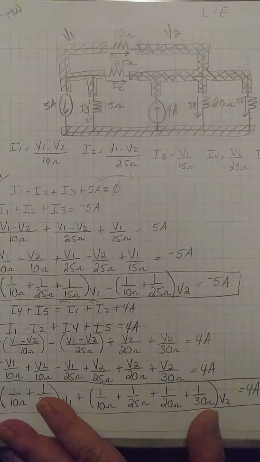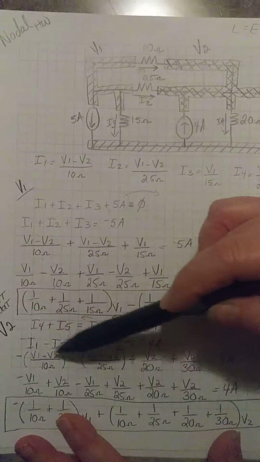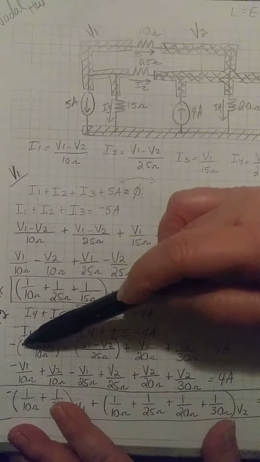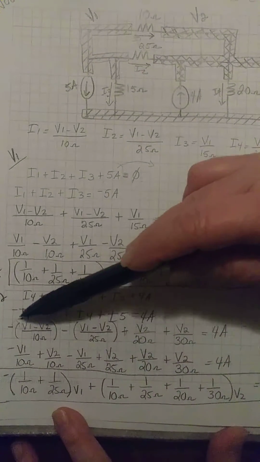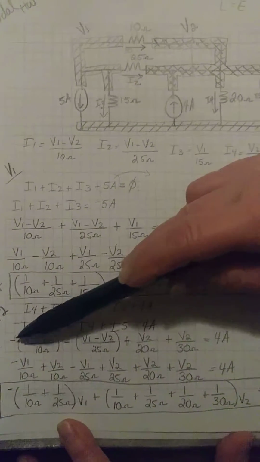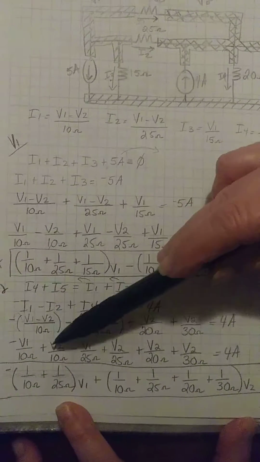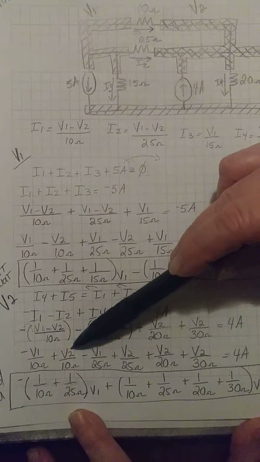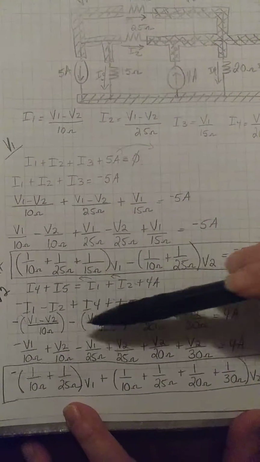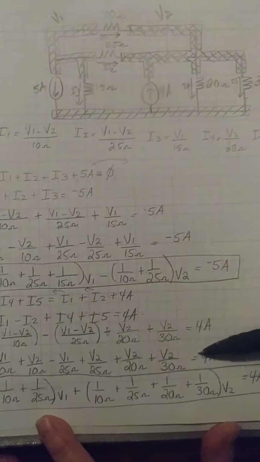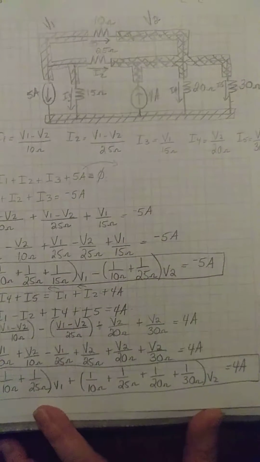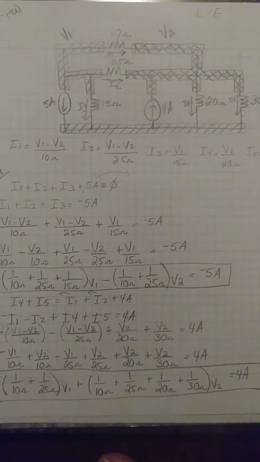So on the next step, for instance, when we pull these apart, you're going to distribute the negative here, so you're going to have a negative V1. You're going to distribute it here, so a negative times a negative is a positive. So that makes that plus V2 over 10. So all we're doing is distributing these, separating them, and then we have our final equation right here.